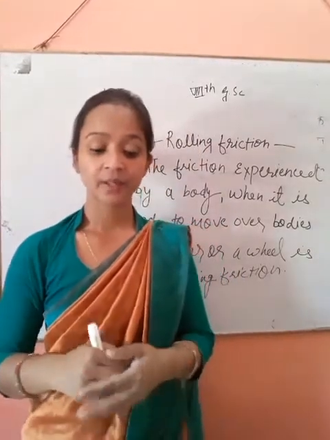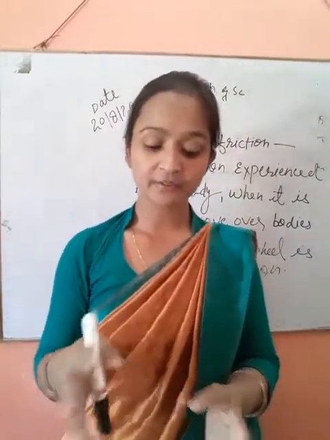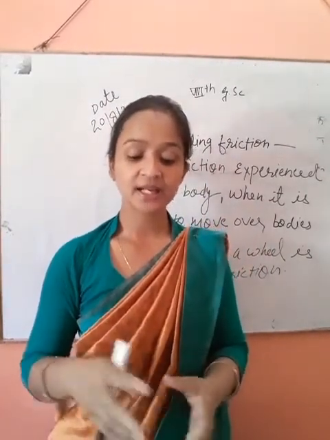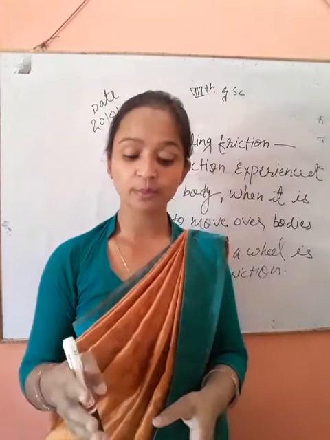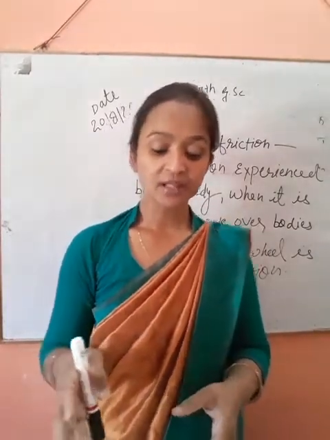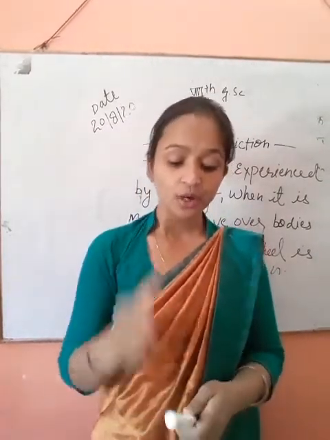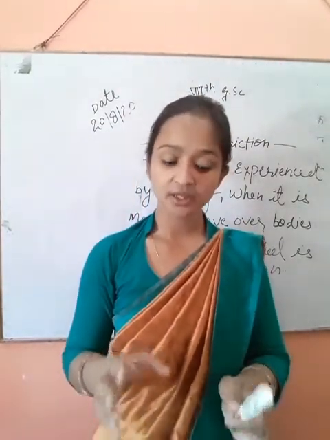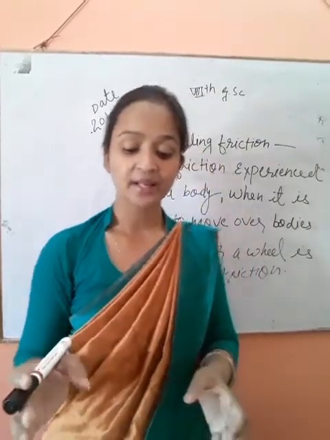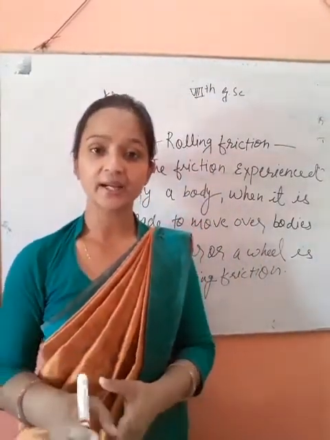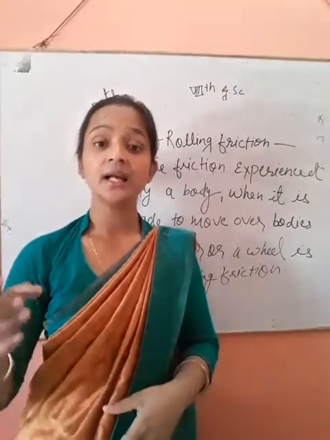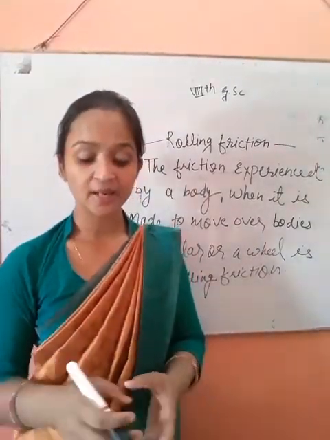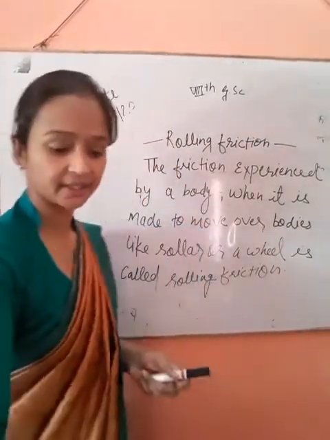Because of these deformations, a kind of inclined plane is formed in the direction of motion of the roller or the wheel. Thus a force is required to overcome this temporary but continuously forward moving inclined plane. The force applied against the continuously forward moving inclined plane is the equivalent of rolling friction. I will draw the diagram.